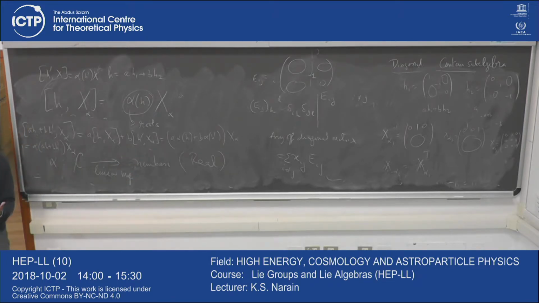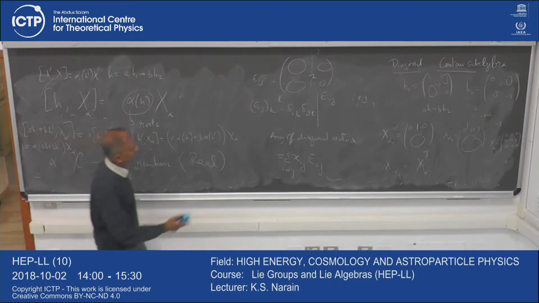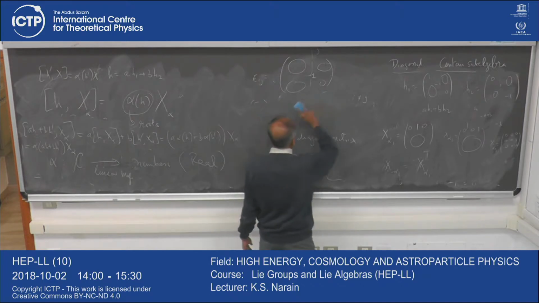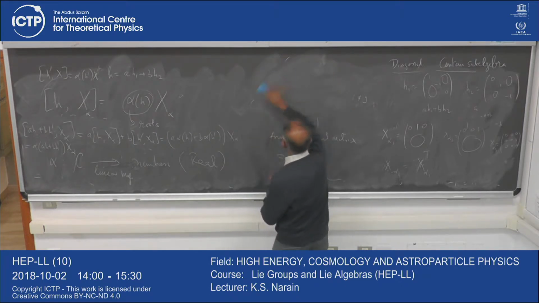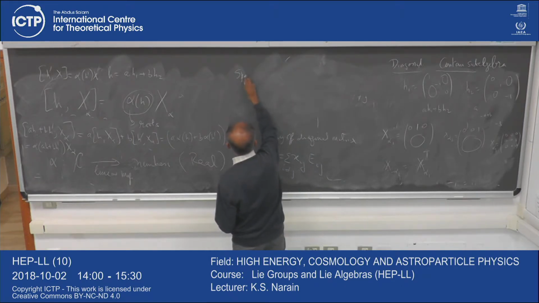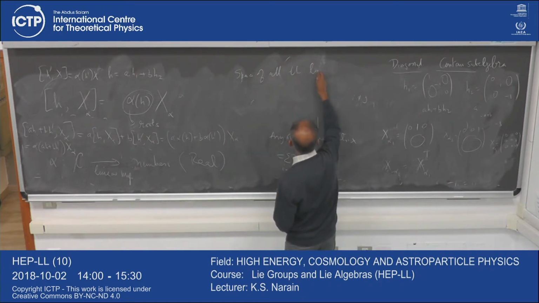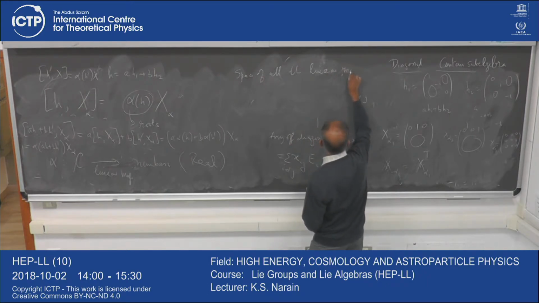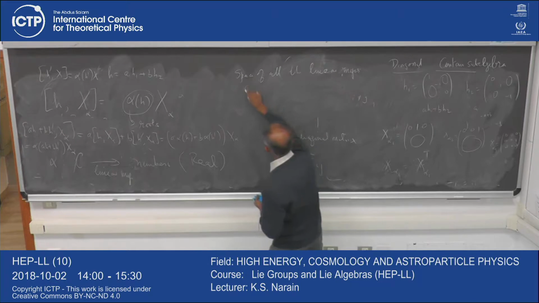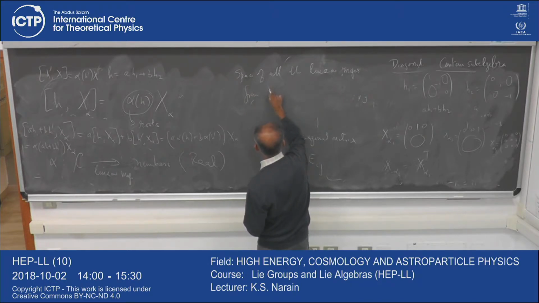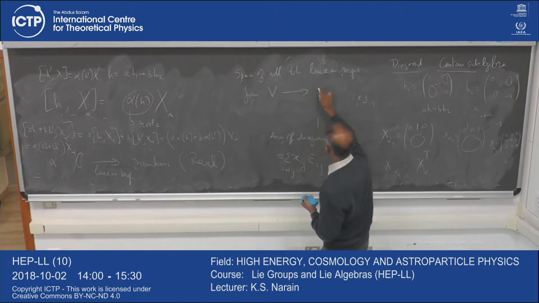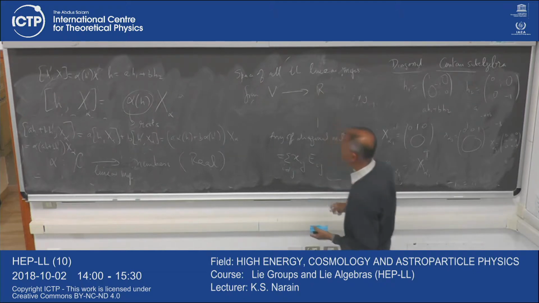The space of all such maps is called the dual vector space. It's a name. So the space of all the linear maps from some vector space to real numbers or complex numbers.